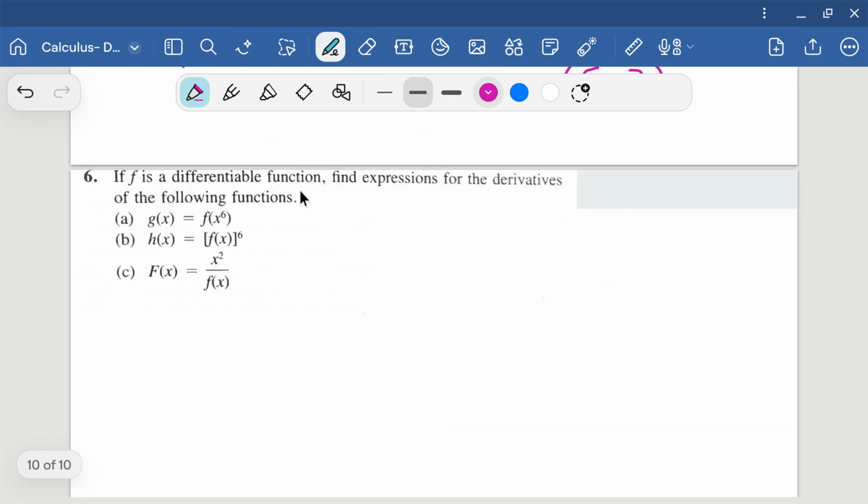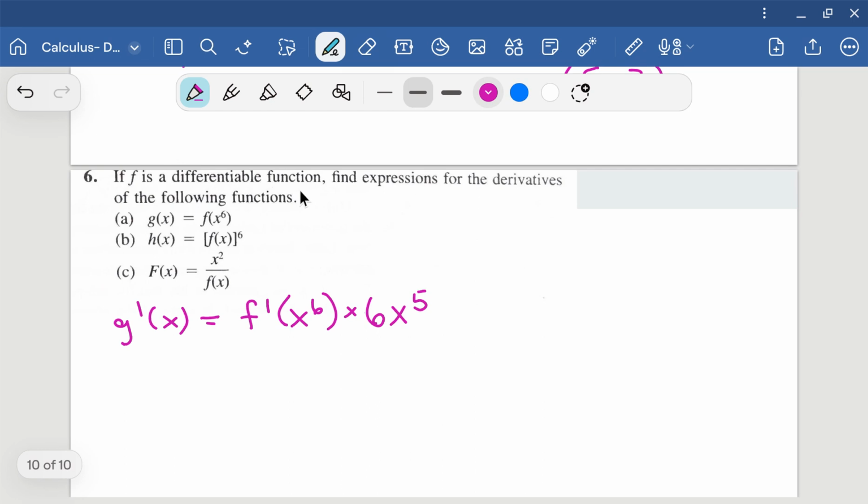Now our very last question is to differentiate the following. And it gets a little bit confusing when we have the function embedded into another function, but it's still essentially the same thing. So for instance, with that first one, if I want to find g prime of x, I would take the derivative of all of f of x to the power of 6, and then I'd have to use the chain rule and multiply by the derivative of the inside.